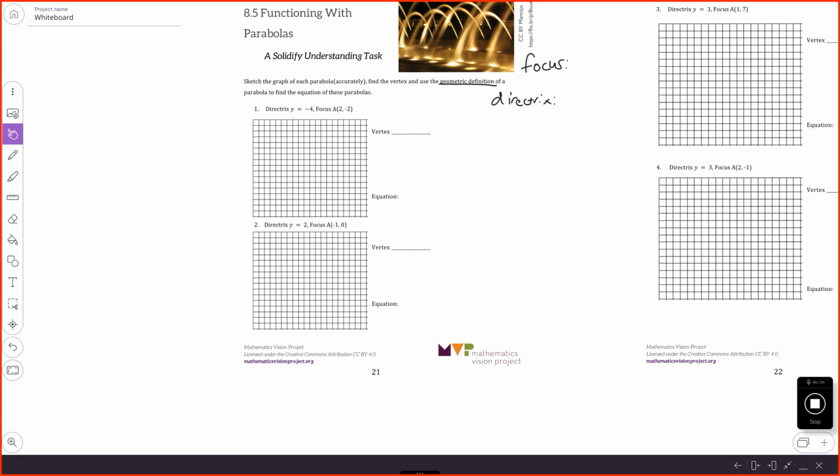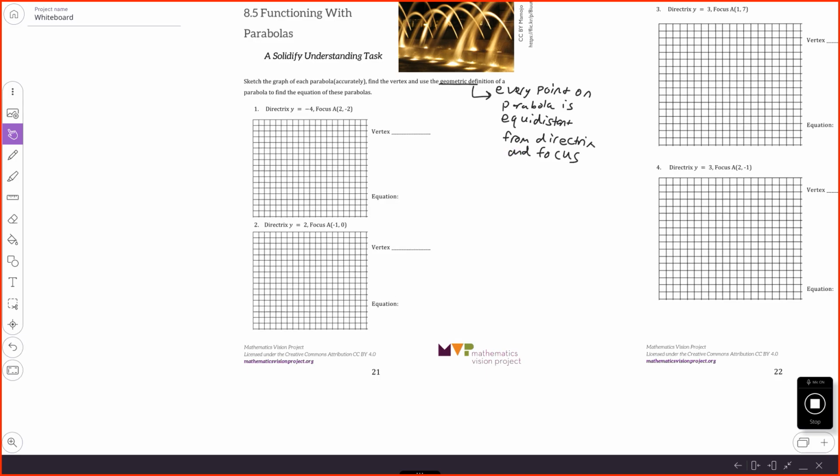Please refer to my lesson notes for the exact definitions, but what I really want us to know for this section, for the geometric definition, is that every point on the parabola is equidistant from the directrix and focus.